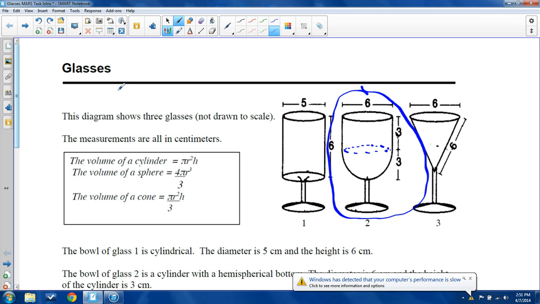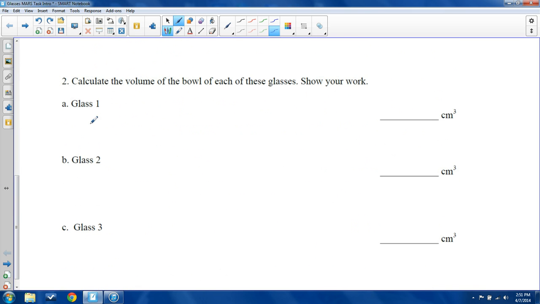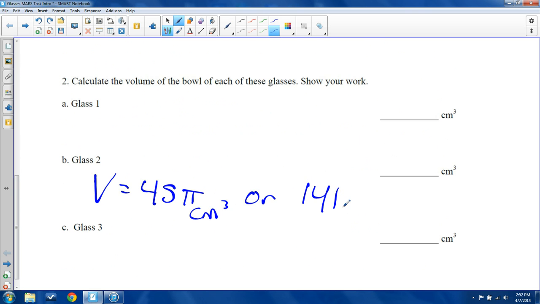Okay, the other key parts are obviously trying to figure out, we figured out the volume of glass 2 in class, or at least you hopefully did when you did the work, and I have the volume listed here as either 45 pi cubic centimeters, or when you multiply by pi, you get 141.37 cubic centimeters.